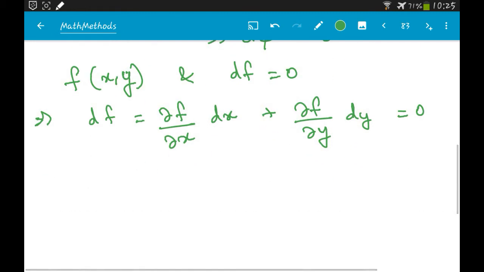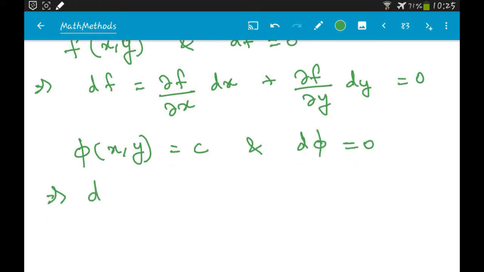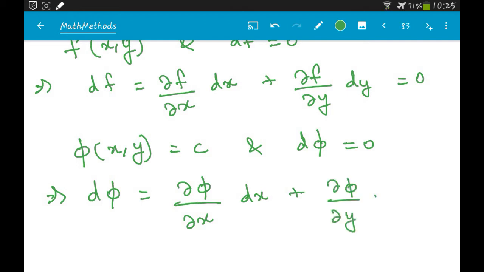Another equation that we have is phi of x comma y is a constant c, and d phi is 0. So d phi is dou phi by dou x into dx plus dou phi by dou y into dy is 0.